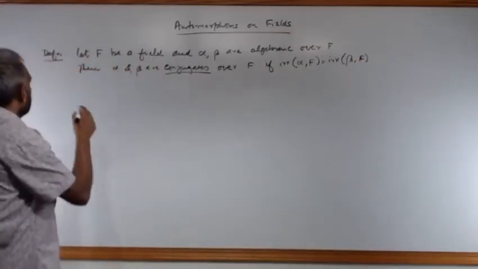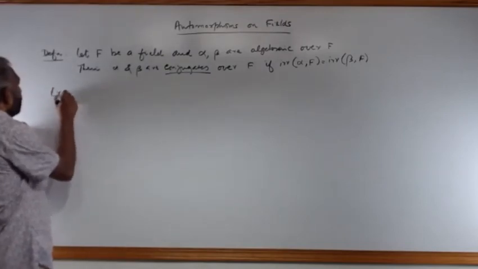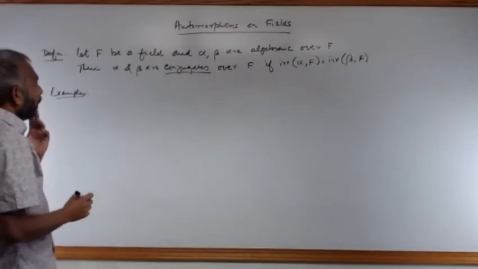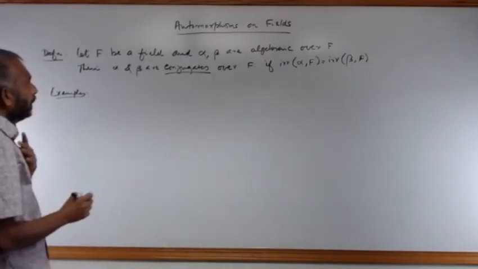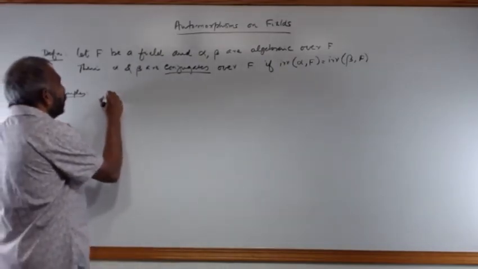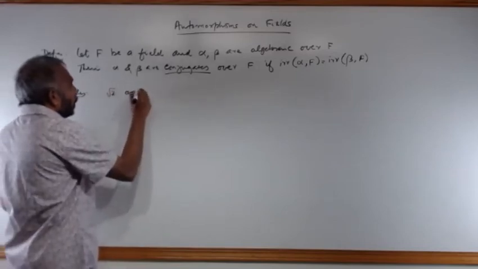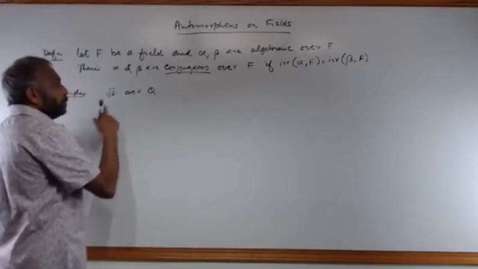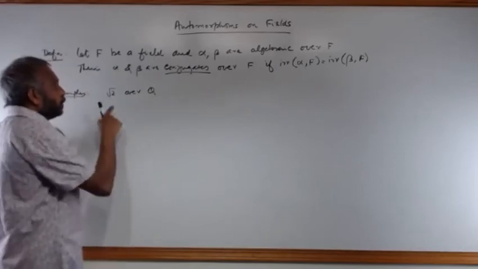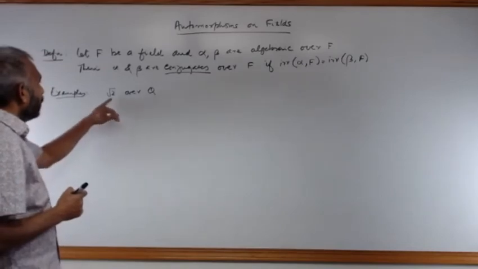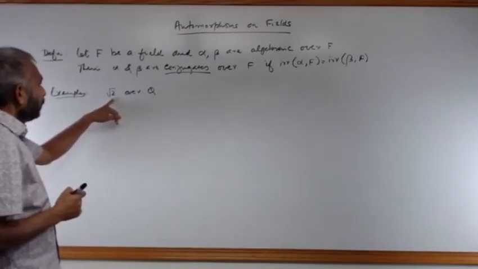We'll do some examples here. Let's take root 2 over Q. Root 2 is algebraic over Q. Suppose we want to find out the conjugate of root 2.